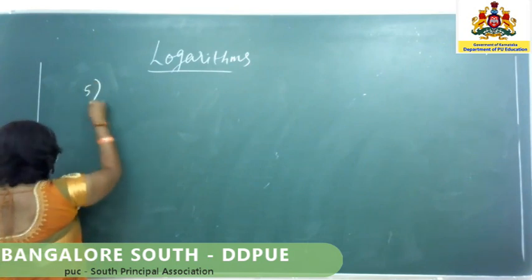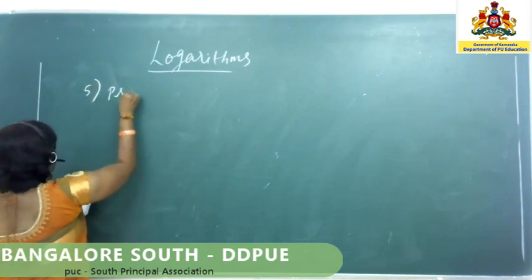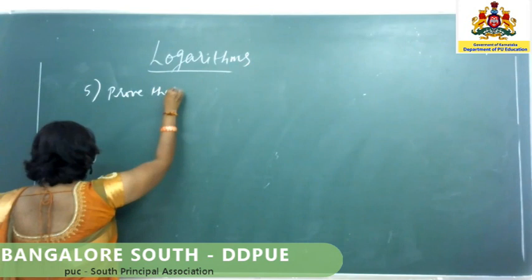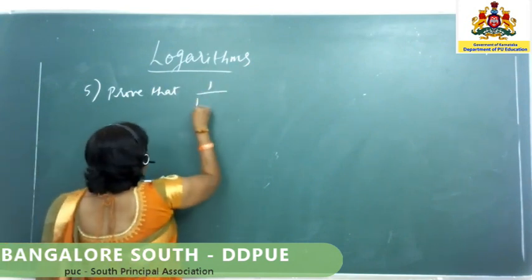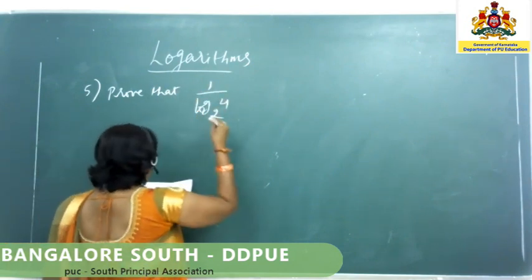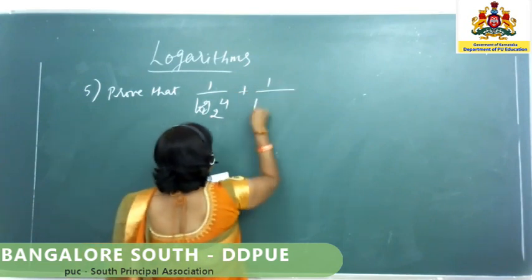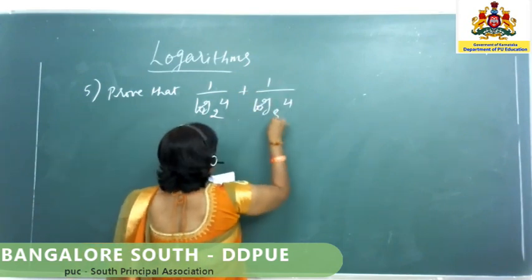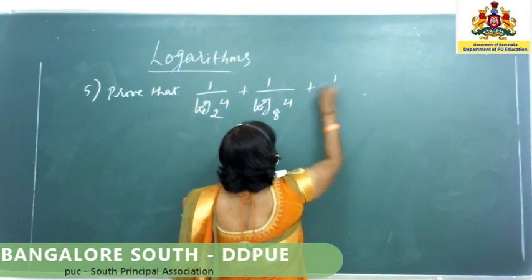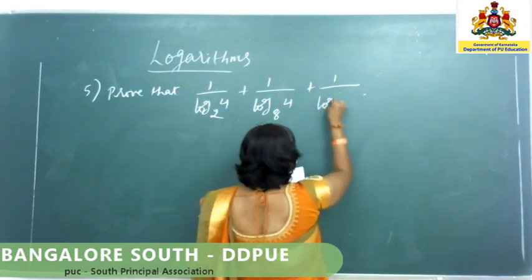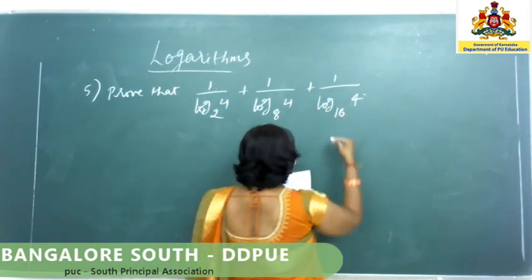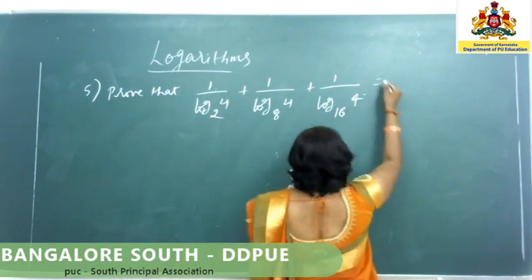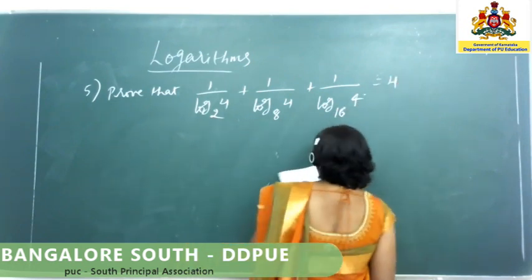Next sum. Prove that 1 by log 4 to base 2 plus 1 by log 4 to base 8 plus 1 by log 4 to base 16 is equal to 4.